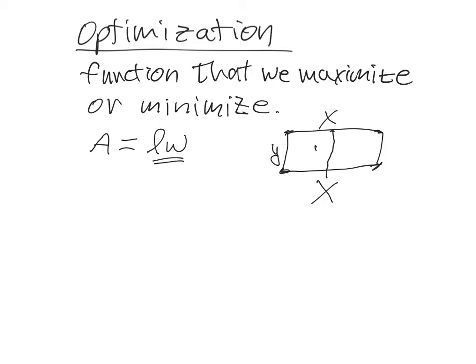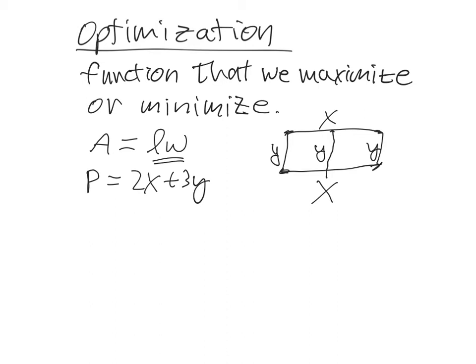And then we'd have 3 of the widths. So our amount of fence, I usually say perimeter, that's what we would be given, would be 2x plus 3y in this case.